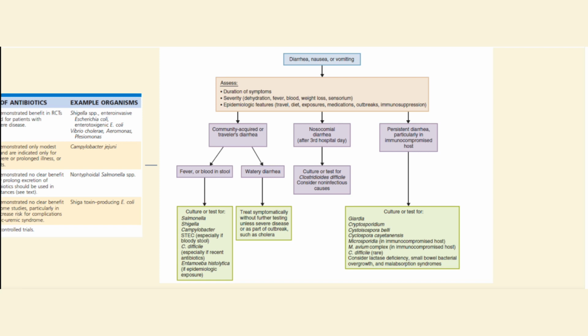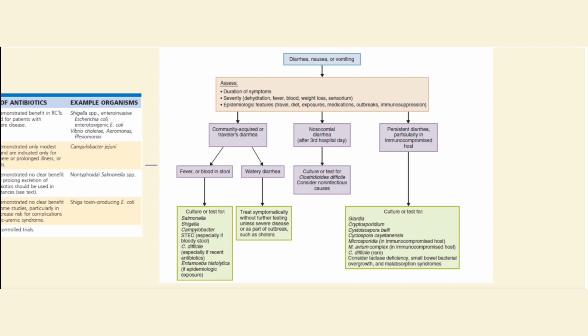And if we have just normal community acquired or traveler's diarrhea, we classify it into watery diarrhea, where we just treat the patient without giving any specific diagnostic tests unless we have part of a cholera outbreak or we think that the patient might have cholera.